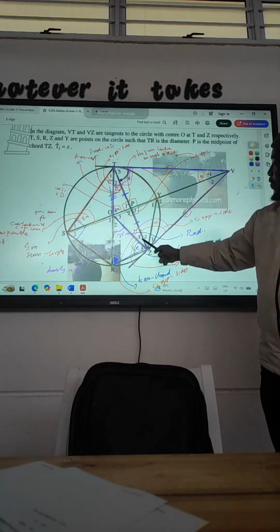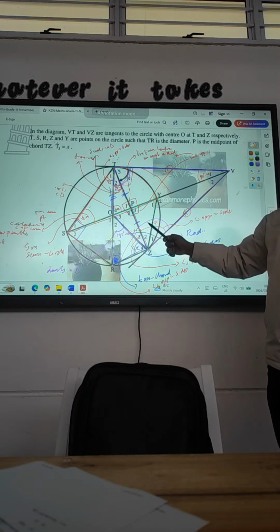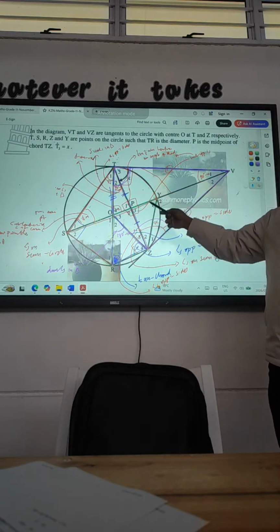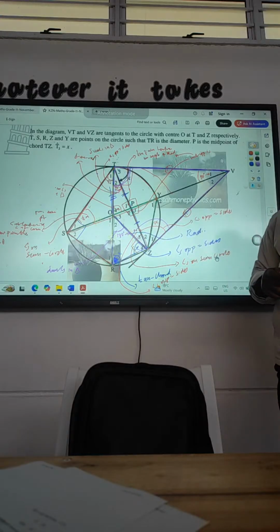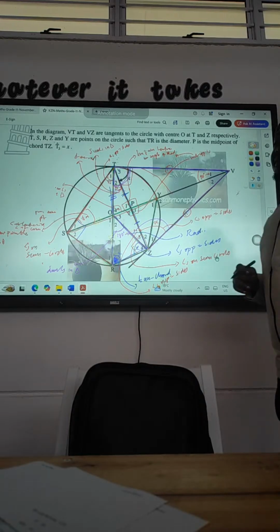You also have, you said T3 was 90 minus x, and you said the value of T2 and T3 is also x. So we have to add the two and see if they are going to give us 180 degrees. Can we add them? Just add them, then we come and write the results.